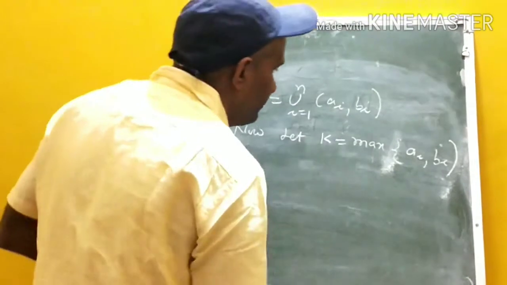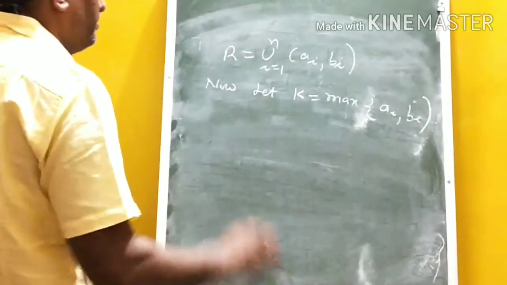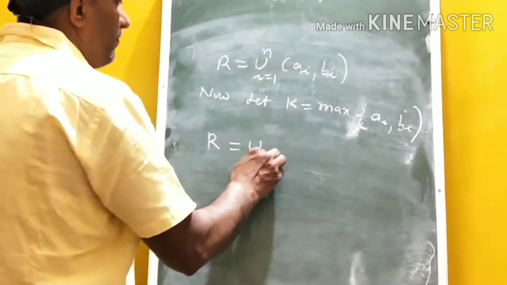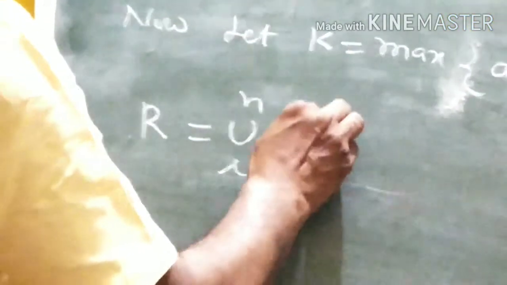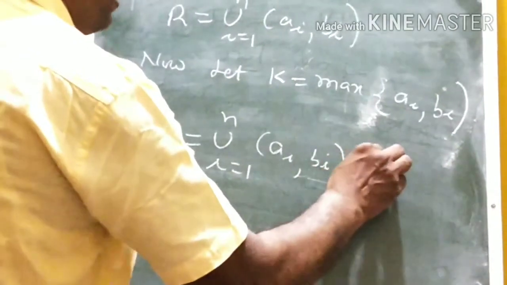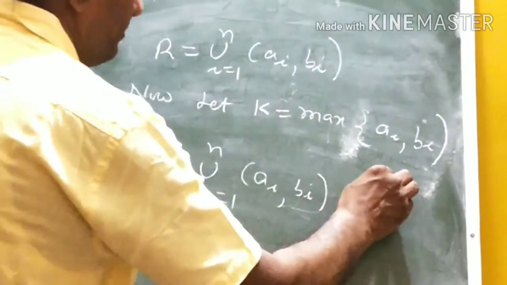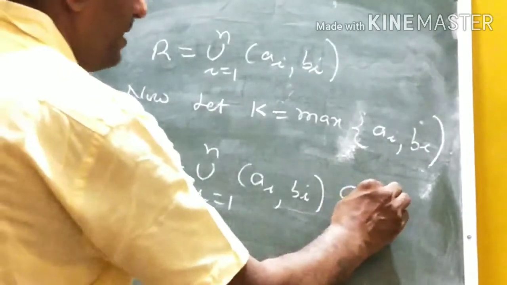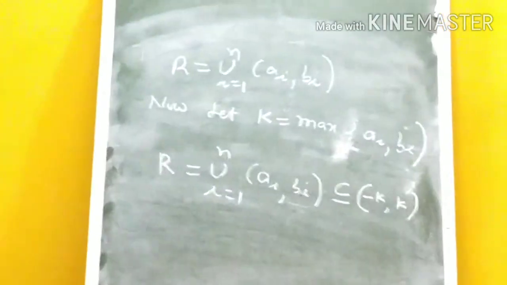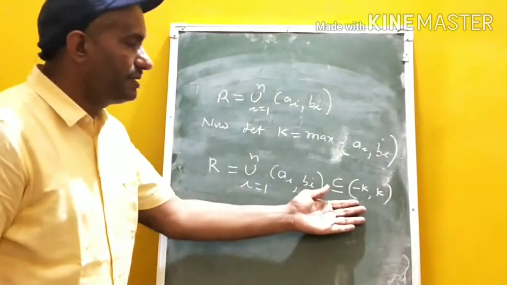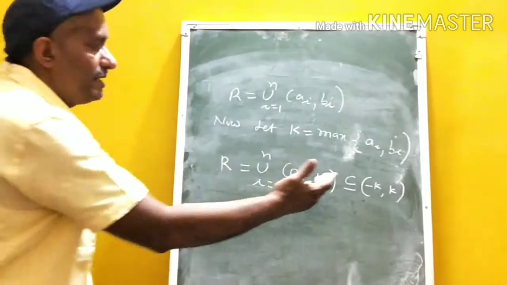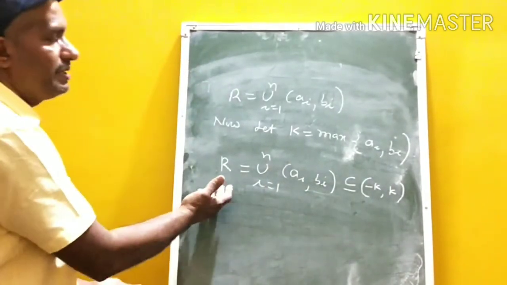Then the union over i equals 1 to n of (a_i, b_i) is contained in (minus K, K). So R is contained in this. It is impossible because K is a number and R is the set of all real numbers.